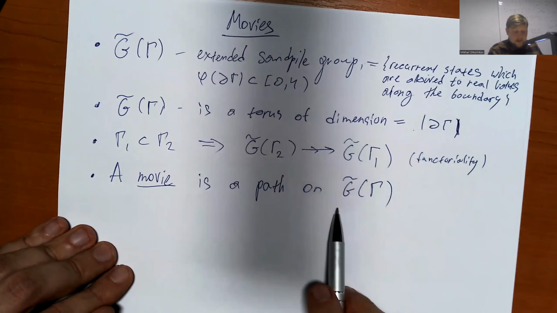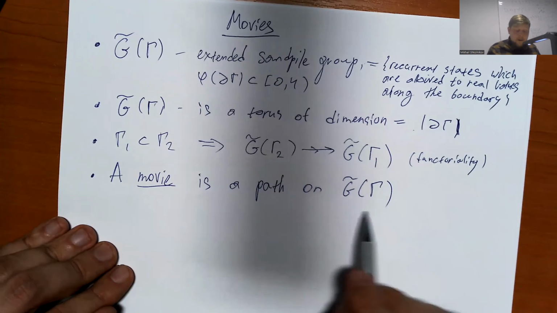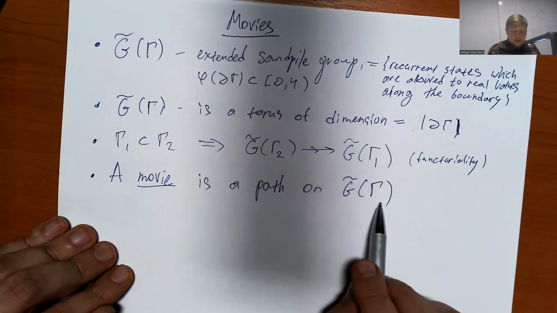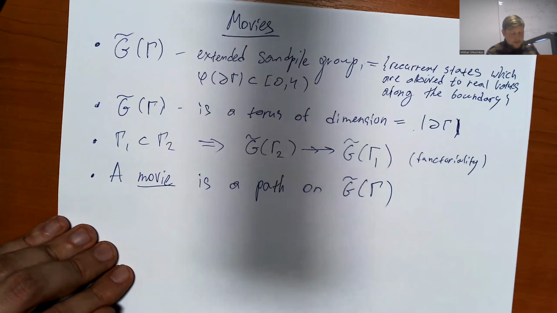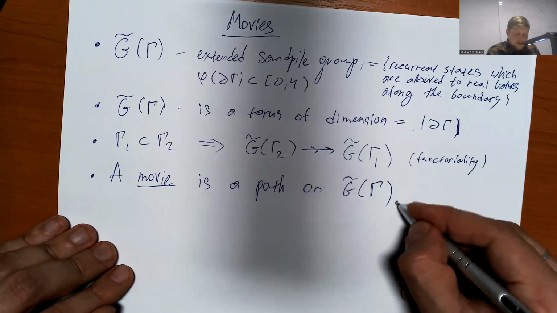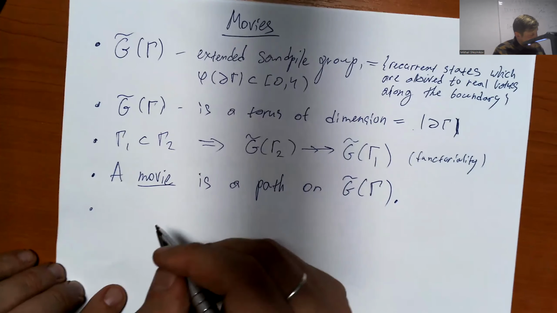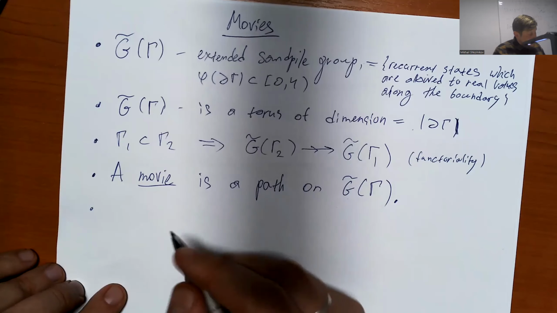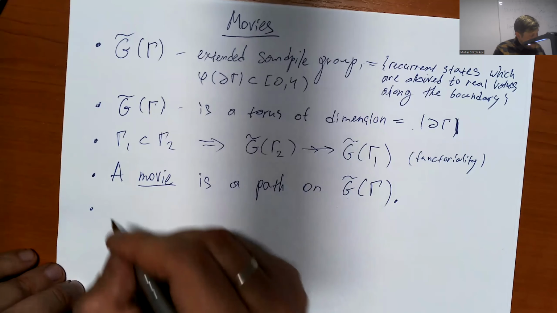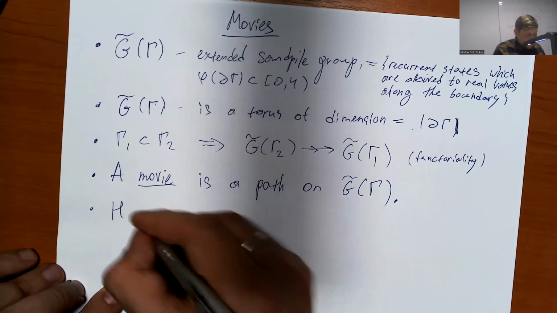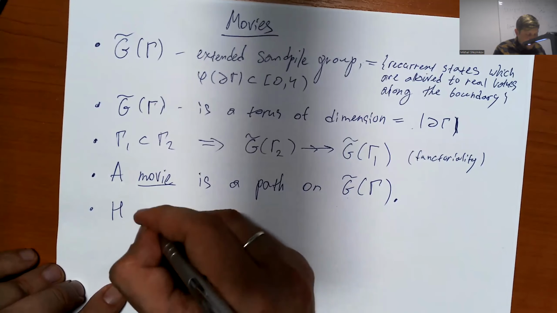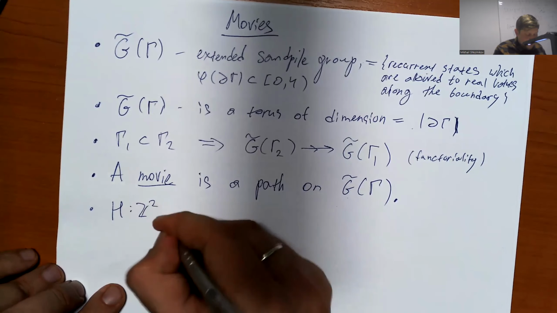So this is a very general definition. You take whatever path on your continuous group, you see the pictures moving, well, that's a movie. But then there is a more industrial way to produce movies. And for that, you pick a harmonic function. So h is a discrete harmonic function.